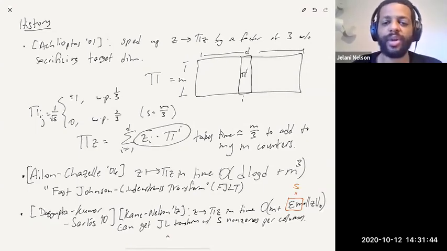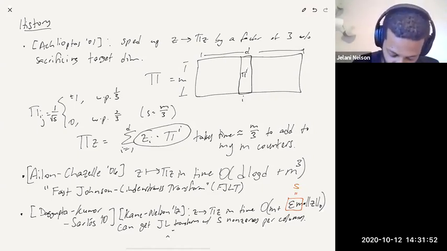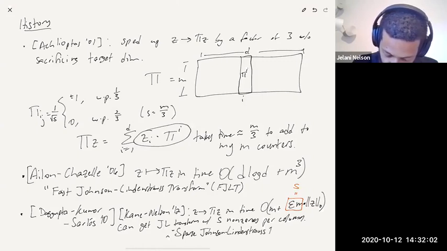Achlioptas made it so that only a third of the entries are non-zero. Now we're saying that only an epsilon fraction are non-zero. So epsilon could be something very small. And this is called the sparse Johnson-Lindenstrauss transform, or the SJLT.